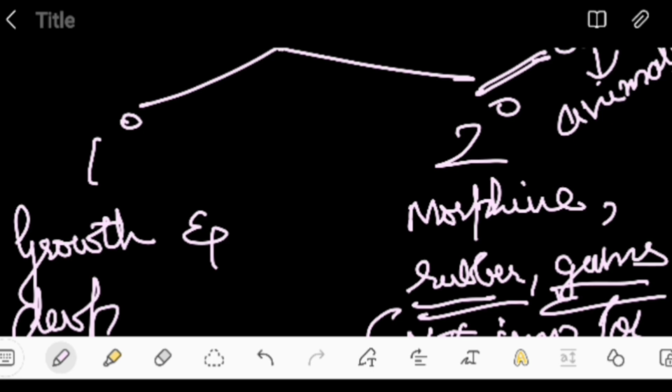Okay. So there are some metabolites that are involved in growth and development and are known as primary metabolites. Example, amino acids, lipids, vitamins, etc. Some biomolecules have no major role in the metabolism of the producer. In our case, we are the producers.